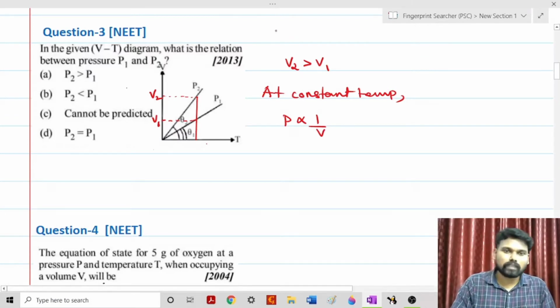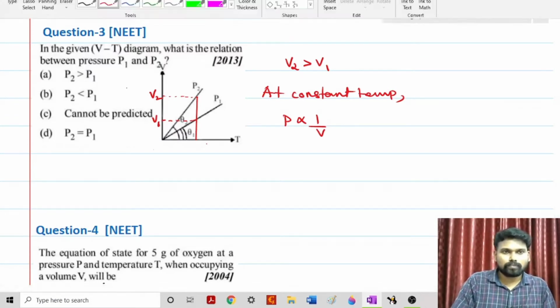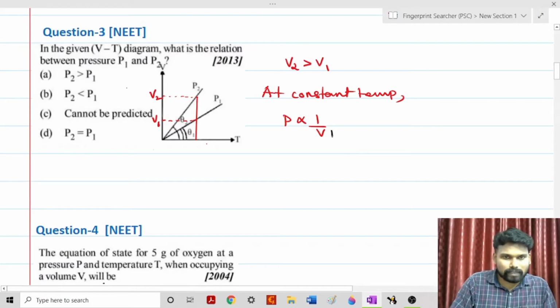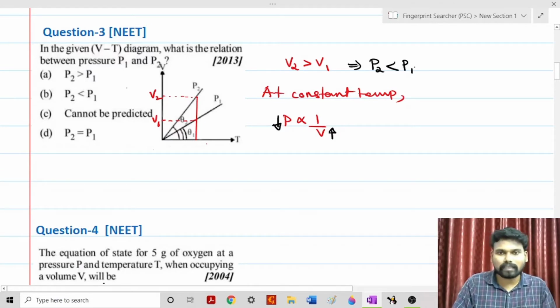So, if the volume is higher, pressure will be lower. You can see that V2 is greater than V1. So, this implies P2 is less than P1. V2 is higher, so P2 will be lower. This is the answer. So, the correct answer is option B.